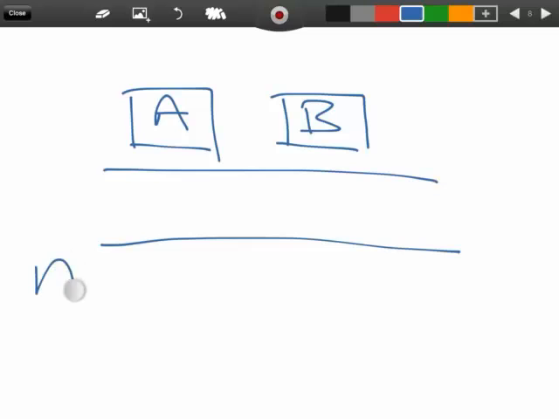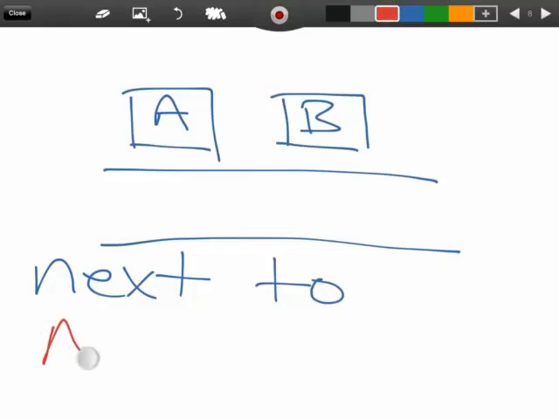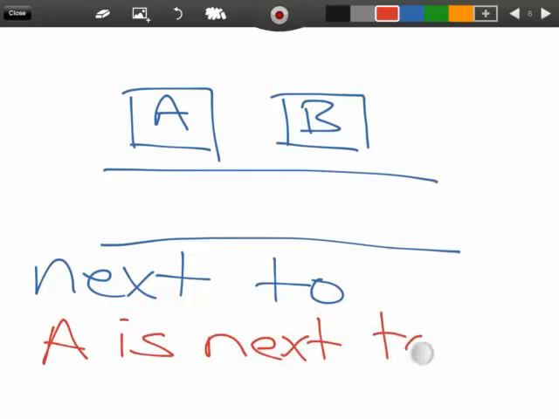Next to. And if I want to give you an example, A is next to B. Moving on, you also have opposite.